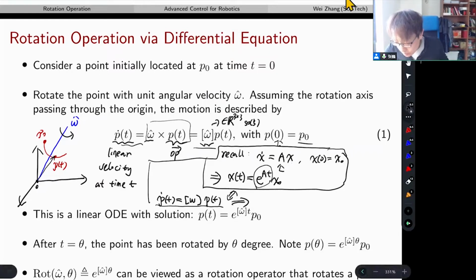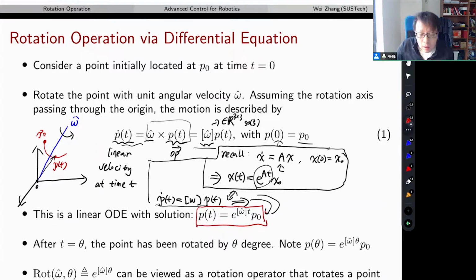Okay, so that's essentially this one, right? Our solution is this. Just make pattern recognition: this A here is omega, skew symmetric. This is a matrix, right? 3 by 3.